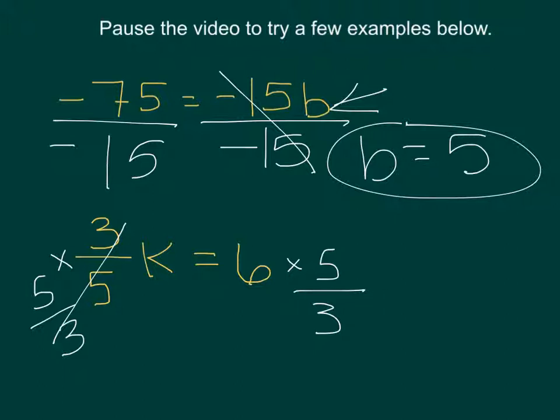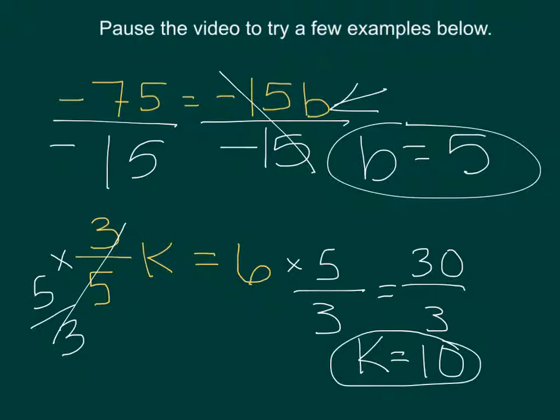With fractions, you can multiply straight across. So we get 30 divided by 3. So K equals 10. Now if you go back and plug this in, if you had a calculator, you could plug in 3/5 times 10 and you would get 6.